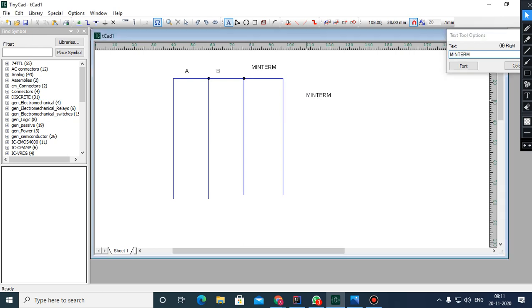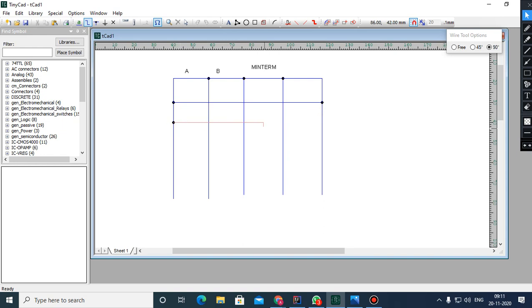This column is for minterm, and one more column I am going to draw, and that is for maxterm. Since there are two inputs A and B, the total number of combinations will be 4.